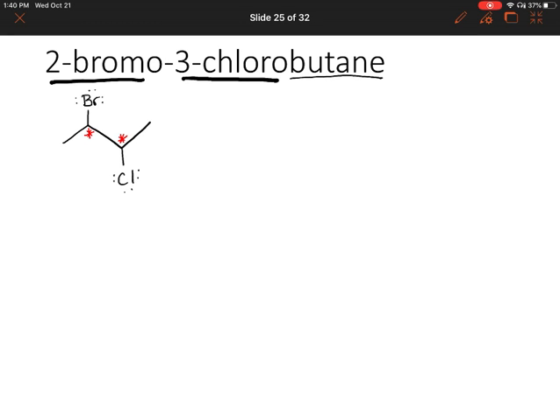All right, so now we need to draw all of the stereoisomers for this molecule because we do have stereocenters. So is this molecule chiral or achiral, do you think?